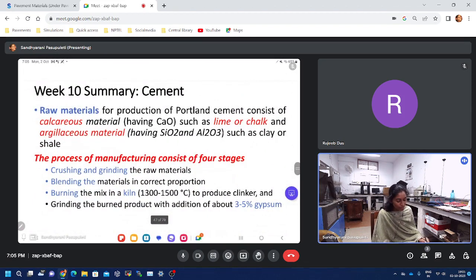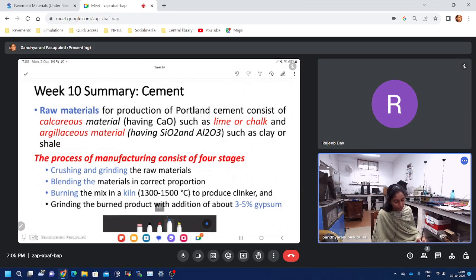This is about the performance characterization of asphalt mixtures. So if we talk about cement, we know this is a main raw product in the concrete pavements. So how do we actually prepare the cement? The production of cement usually requires a few raw materials. We know cement is very strong because it has calcium and silicate compounds.